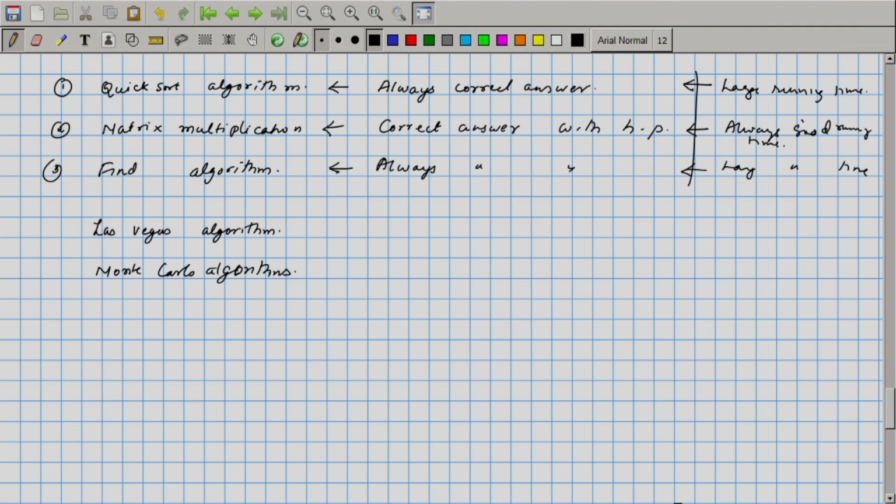Well, it depends upon our needs. If the correctness of the answer is of paramount importance, then we will have to go with a Las Vegas algorithm. But if we want the algorithm to be fast and we can take a small chance of error, then Monte Carlo algorithms are usually used.